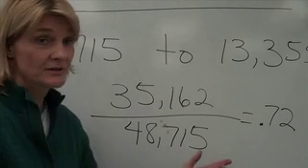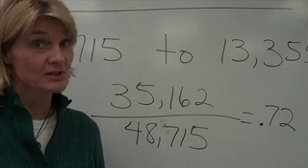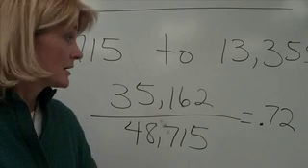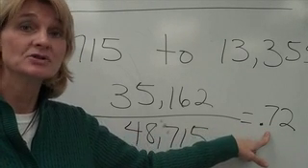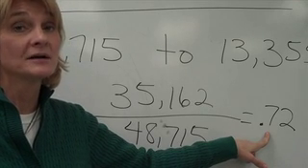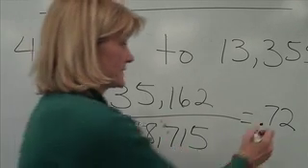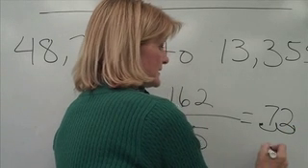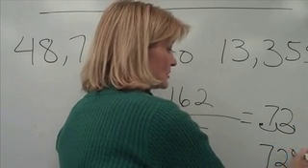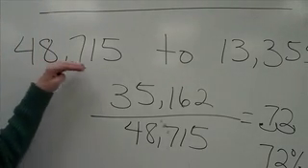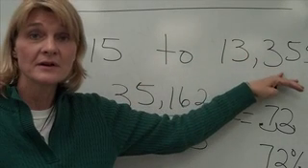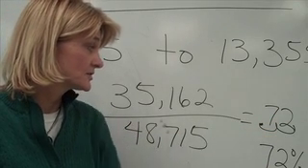Now I'm almost finished because I'm looking for the percent decrease. But this is in decimal form. So to turn a decimal into a percent, I have to move my decimal point 2 places to the right. And now I have 72%. So the percent decrease from this really expensive truck to the truck that we found is 72%.